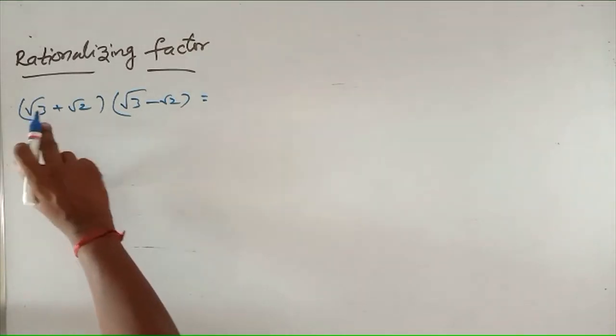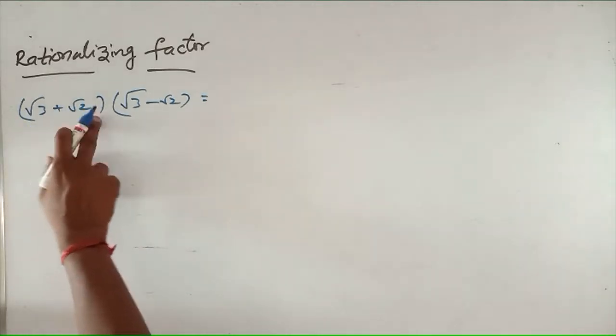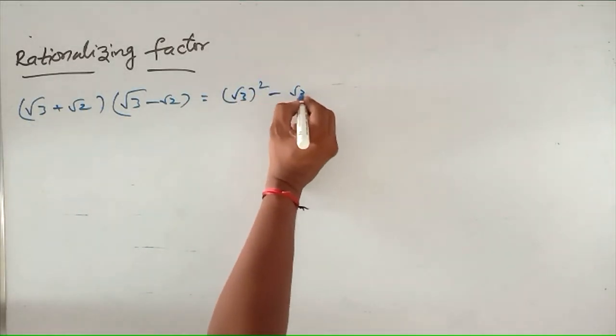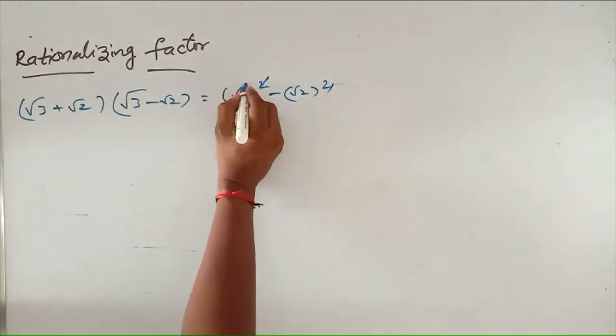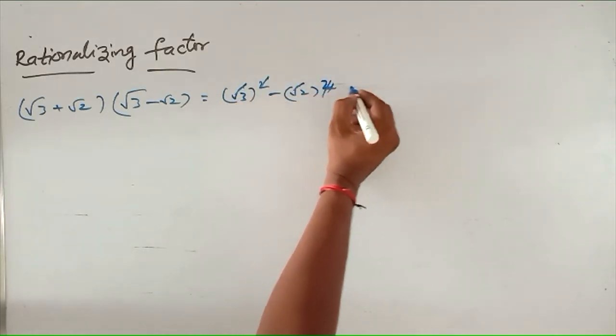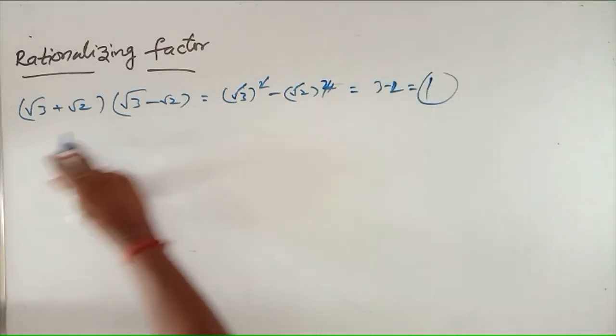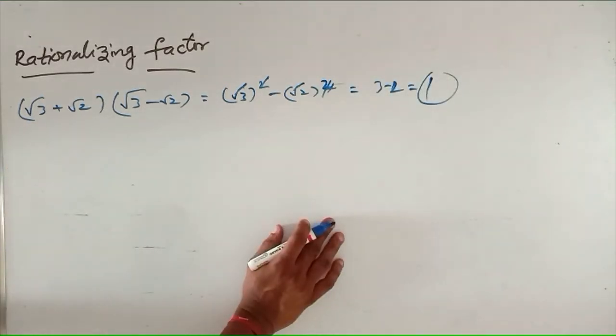It is of the form (a plus b) into (a minus b), which equals a square minus b square, that is root 3 whole square minus root 2 whole square. The square roots cancel, so that equals 3 minus 2, which is 1. Hence root 3 plus root 2 is a rationalizing factor of root 3 minus root 2, or vice versa.